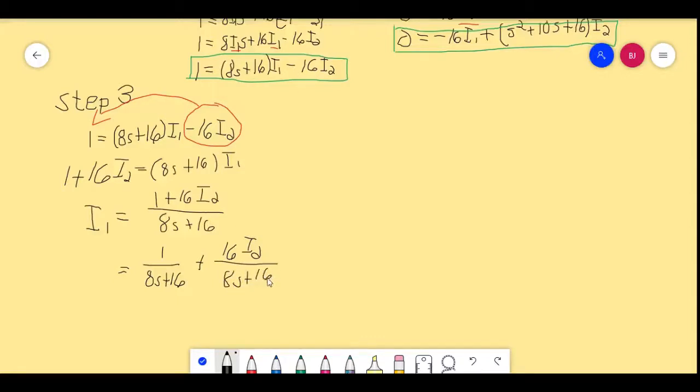8 is a common factor for this one, so we factor out 8. So we have 1 over 8s plus 16. So we divide 16 by 8, 8 by 8, and 16 by 8. You just factor out 8 and would cancel that out. This would become 8 times 2, and this would become 8 times s plus 2. And then it would cancel out. So this would become 2I2 over s plus 2.